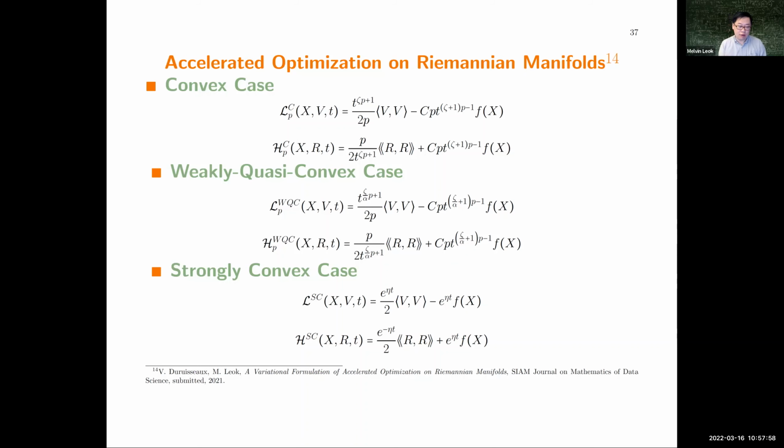Or you need some sort of embedded manifold. If you have an embedded manifold, it's very easy to construct an integrator which will do what you need.